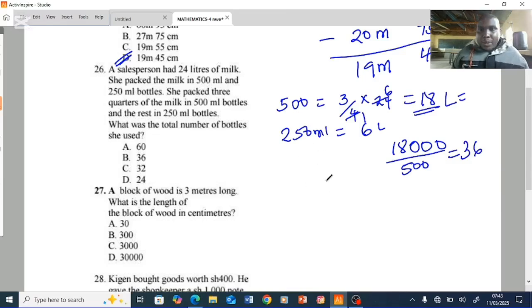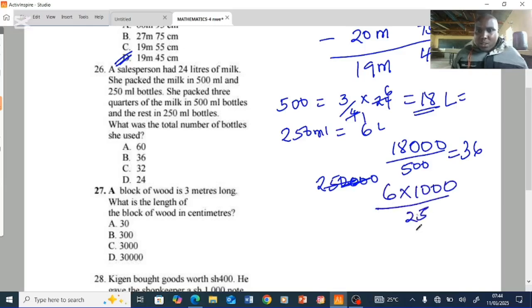Now for 250 ml, let's convert the 6 liters into ml. So 6 times 1,000, then divide by 250 to see how many bottles there will be. So this one will be 24 bottles. So you add these bottles plus this one and get the total bottles. The number of bottles will be 60.